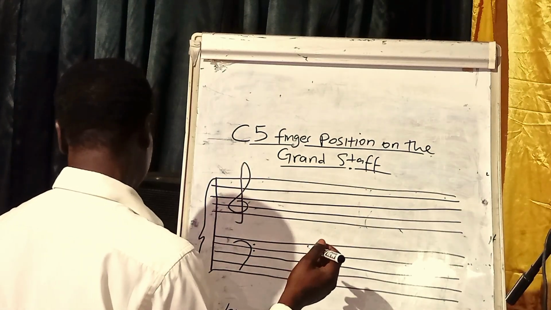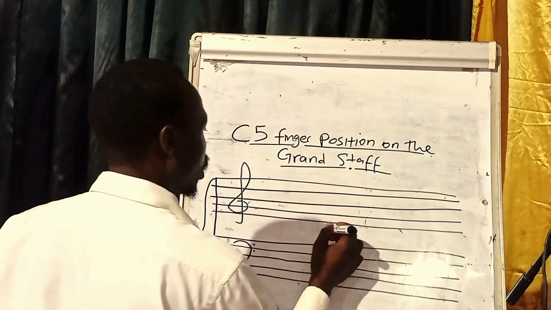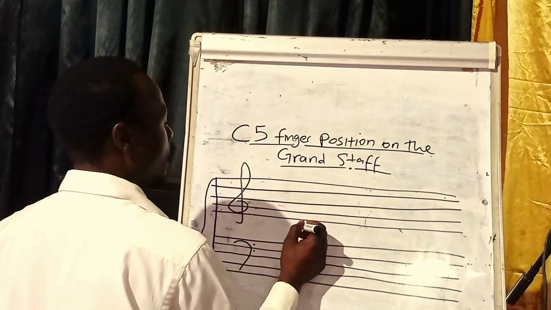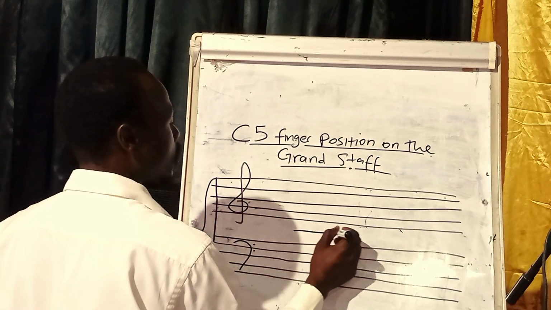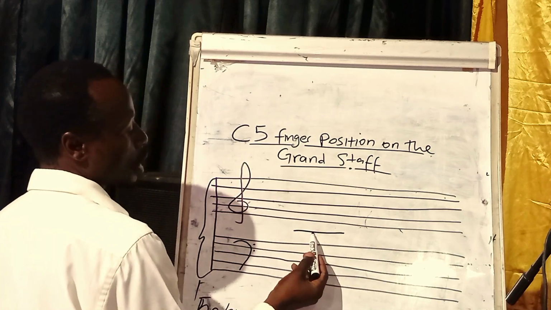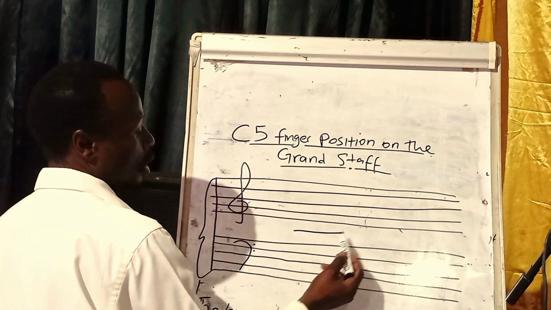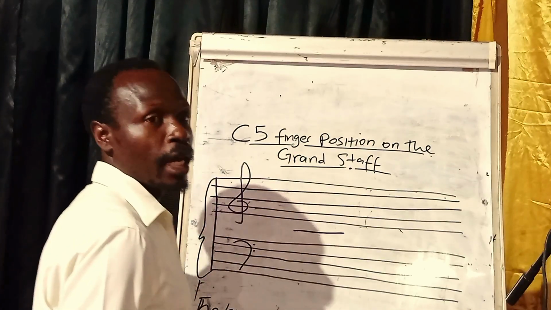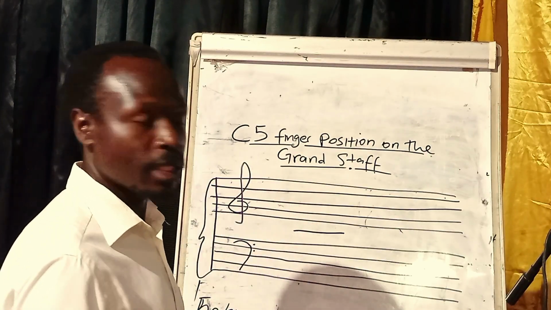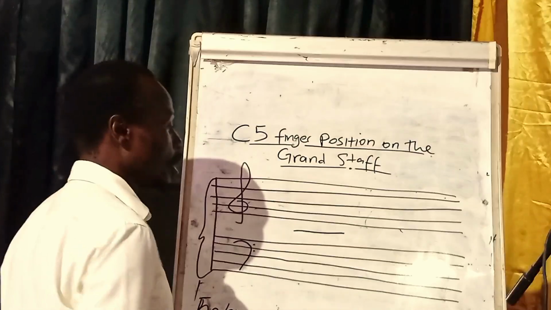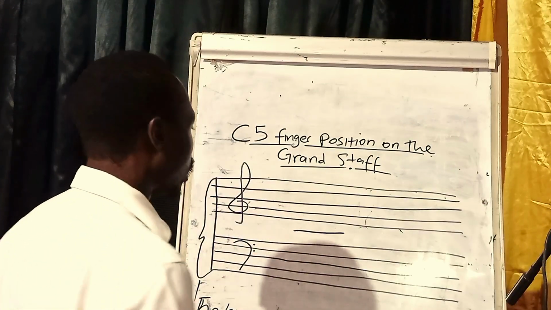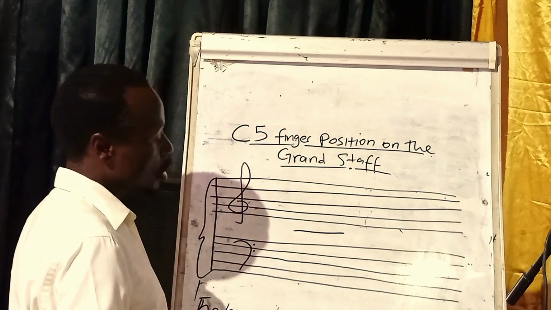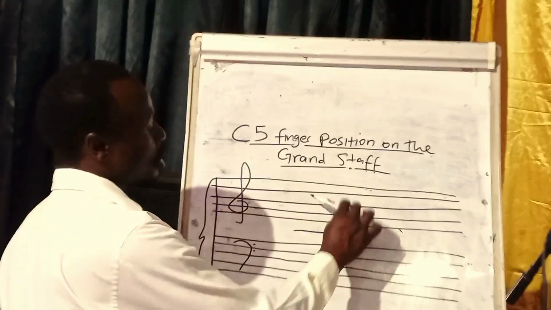So let me continue. We are going to indicate the C5 finger position. We start with the middle C, which is on a ledger line. The short line above or below the staff is called the ledger line. And usually our key C always comes on the ledger lines, between the two staves. As you can see, it's at the center of the two staves, meaning this is our left hand side, this is our right hand side.